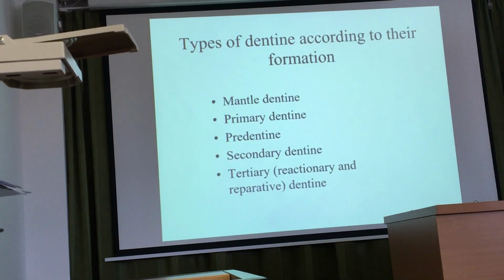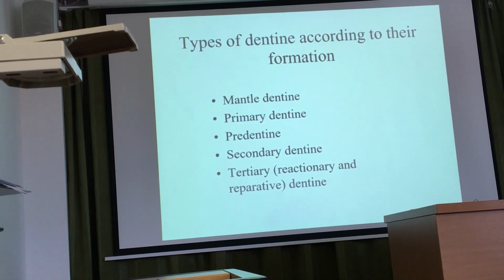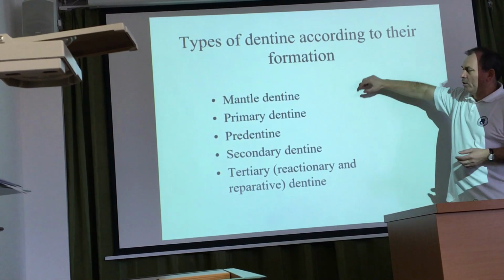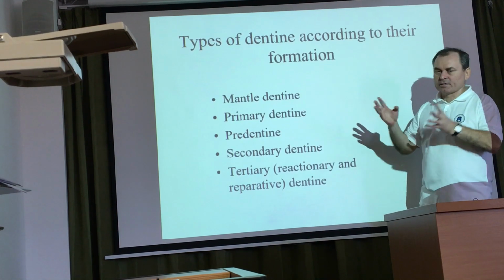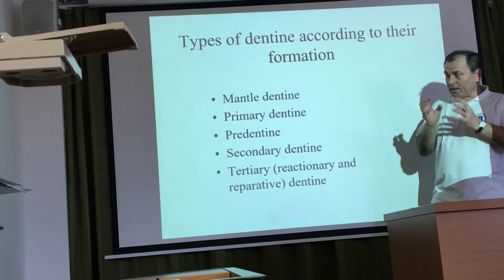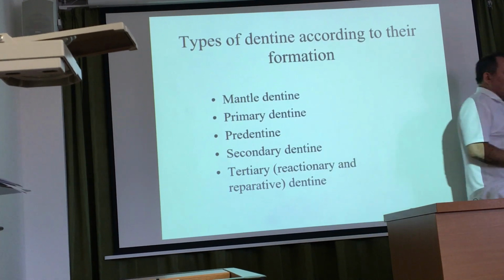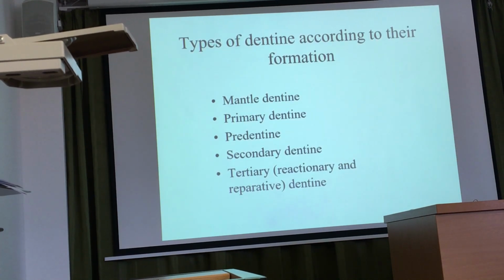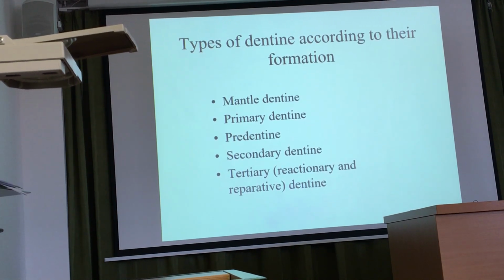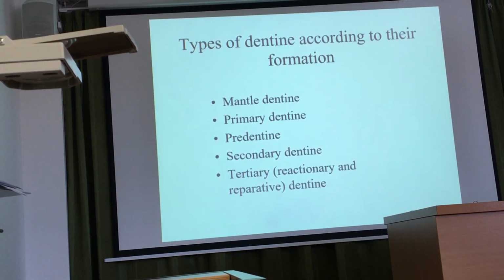This is the predentin, and secondary dentin is formed after the eruption. Tooth eruption is completed, and the apical area, the physiological apex, is restricted. So after eruption, it takes about 1.5 to 3 years to restrict the apical foramen.